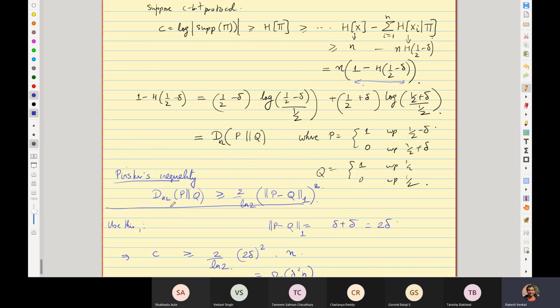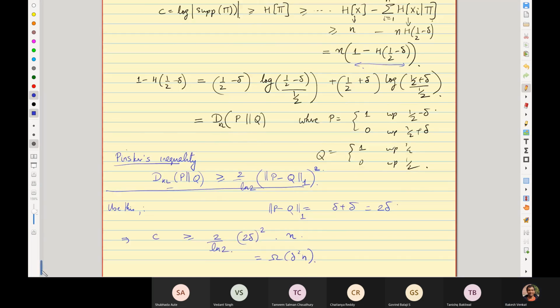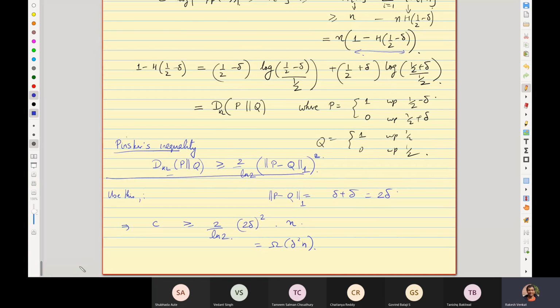And then we use another inequality to relate this to the one norm, which gave us a direct handle on what the communication complexity is in terms of delta. We could have left it in terms of this h of half minus delta, but it's not really significant. It doesn't give an idea because the entropy function is so complicated in its dependence on delta.